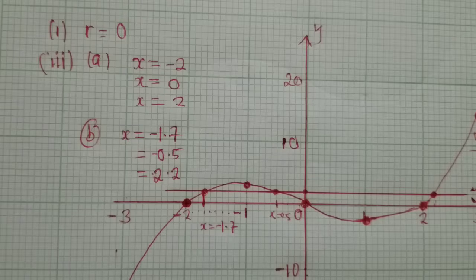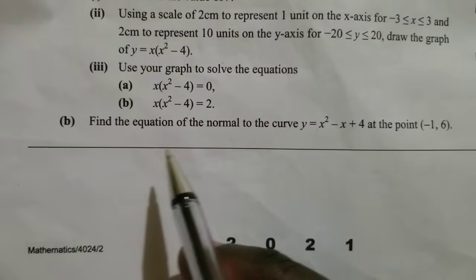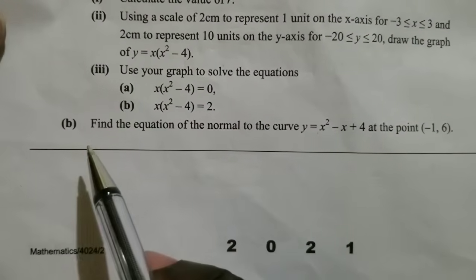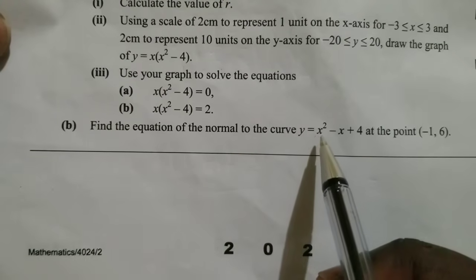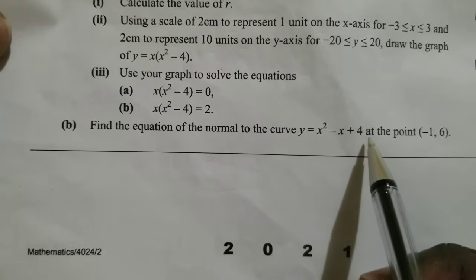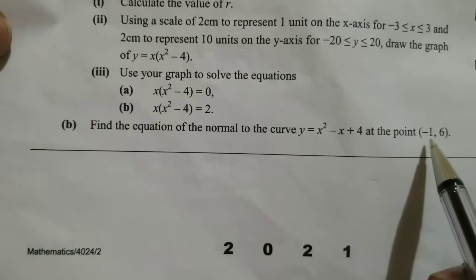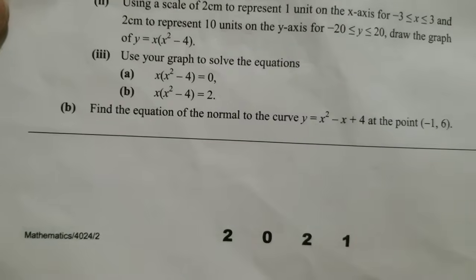Okay, all right. So the next question, let's check. They are saying find the equation of the normal to the curve y is equal to x squared minus x plus 4 at the point negative 1, 6.